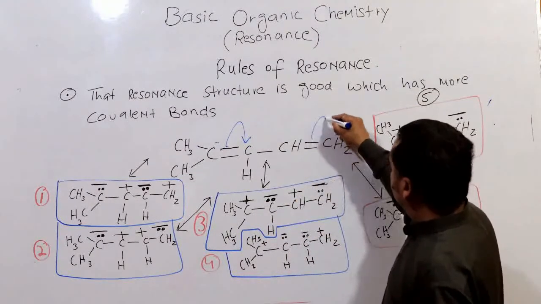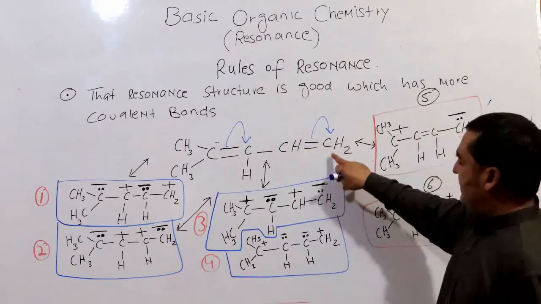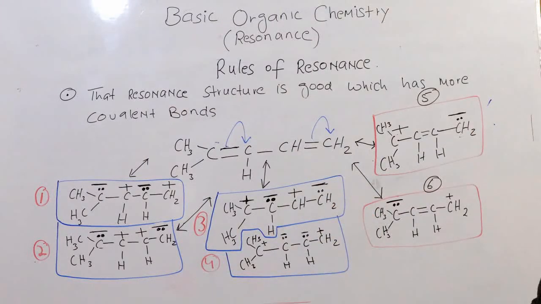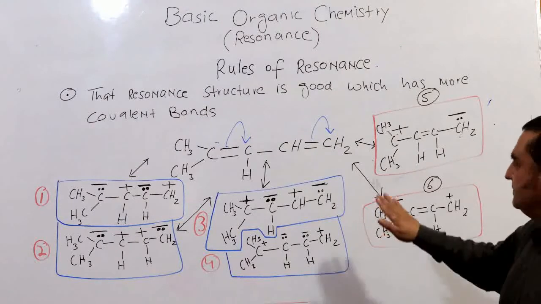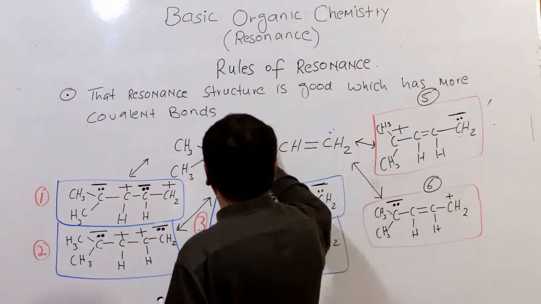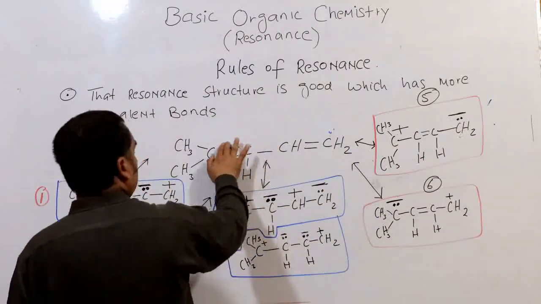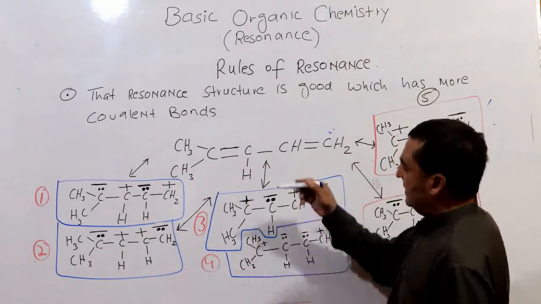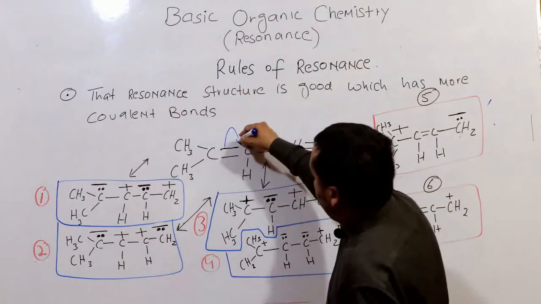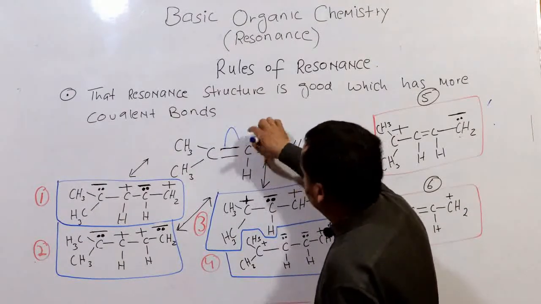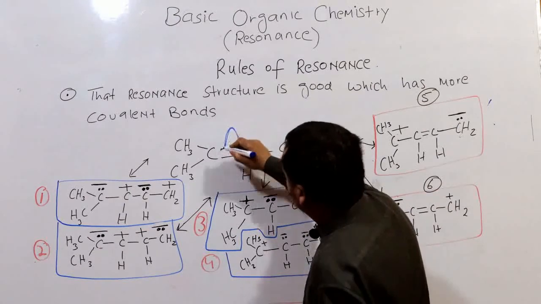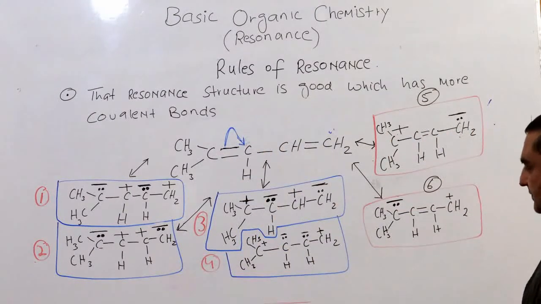What about this? Here it is a negative and here it will be a positive charge. Now what about this structure? Look at this structure. It is like the electrons have moved from this bond and sit on this carbon.